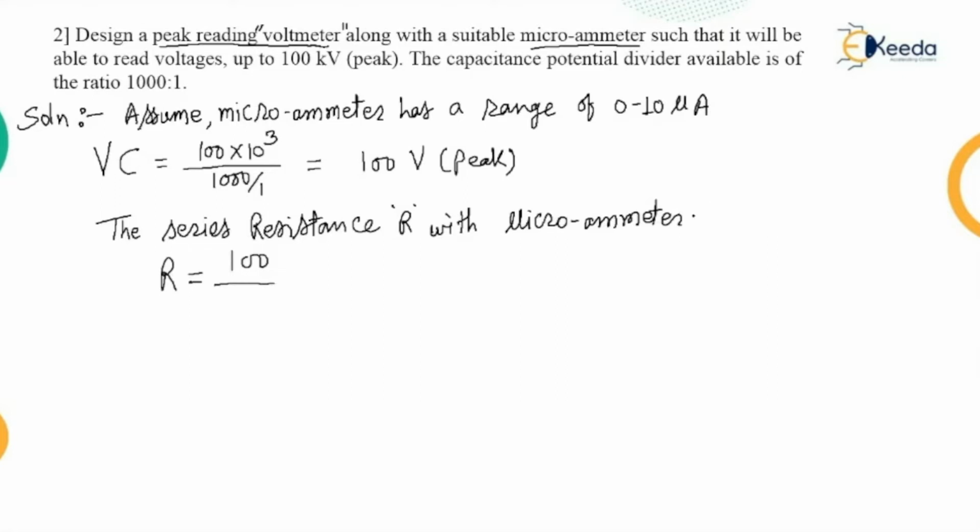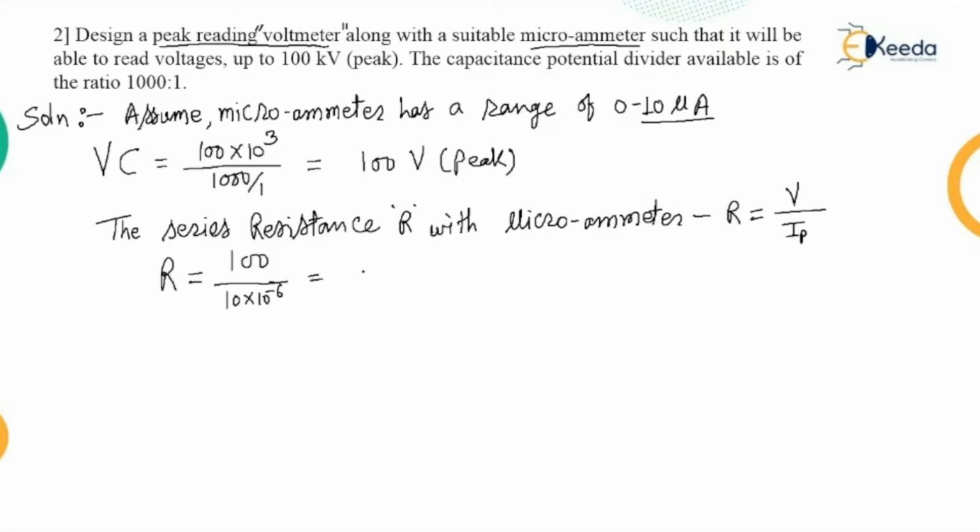Here the formula we are using is resistance is equal to voltage upon peak value of current. So the voltage is 100 volt, which we have calculated across the capacitor branch, divided by the current. That current which we have already assumed is 10 microampere, so 10 into 10 to the power minus 6.